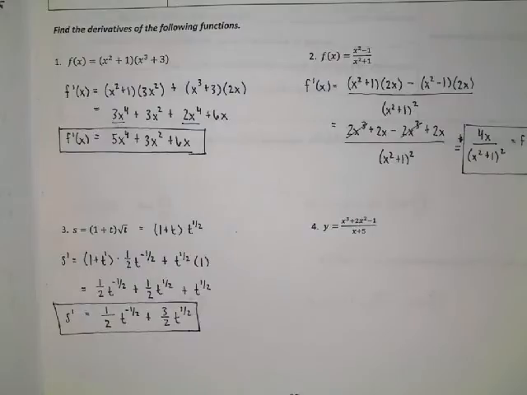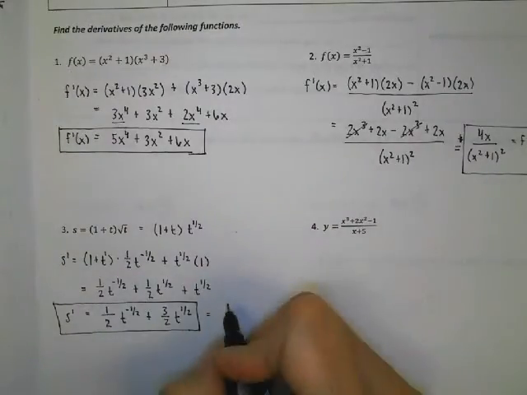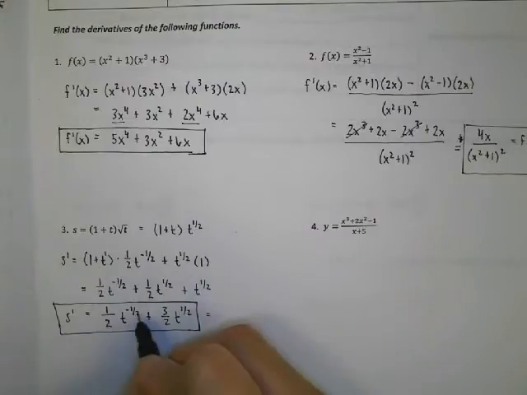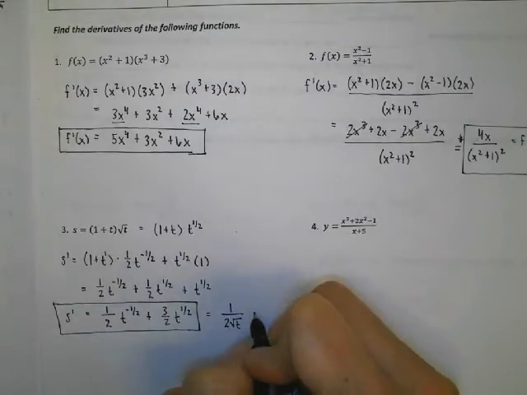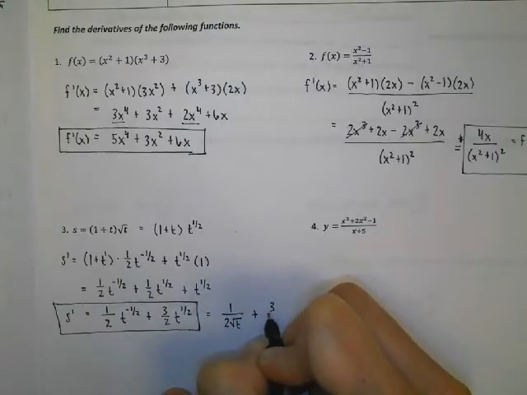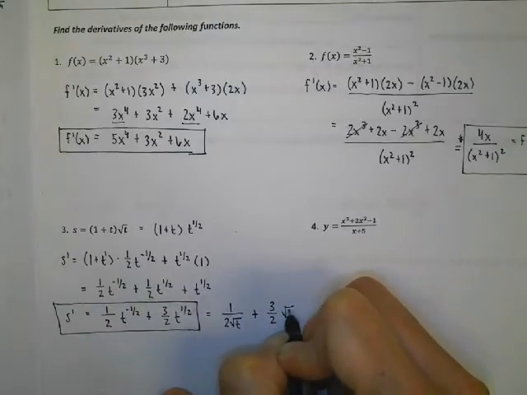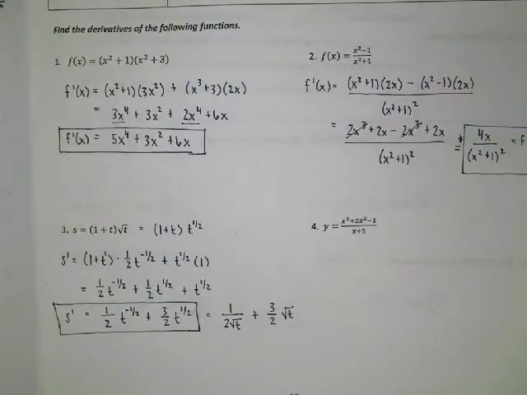I'm going to get rid of those rational exponents and write them as square roots. t to the negative 1/2 is the same as moving it down in the denominator with the square root. So I have 1 over 2 root t plus 3 over 2 times the square root of t. Those are both expressions that represent the same derivative.